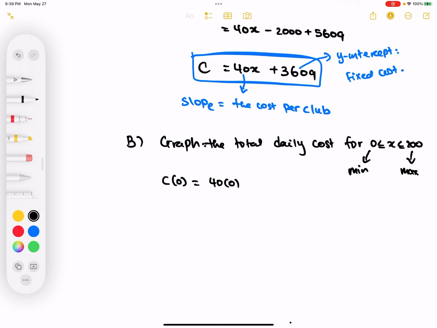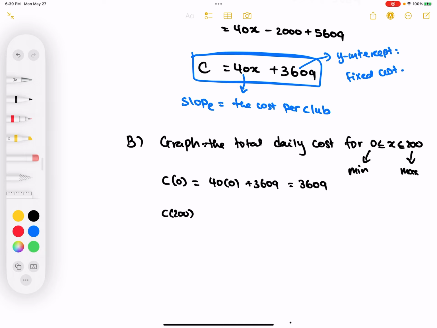40 times 0 plus 3,609. This is 3,609 when x is 0. For the maximum, x of 200, 40 times 200 plus 3,609. So use your calculator. 40 multiplied by 20 plus 3,609, which is 4,409. No, I think I put the wrong value on my calculator.